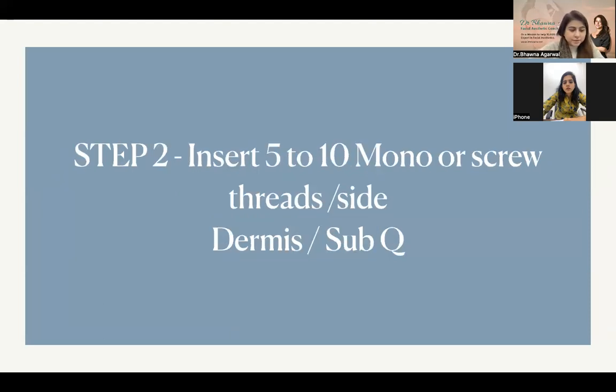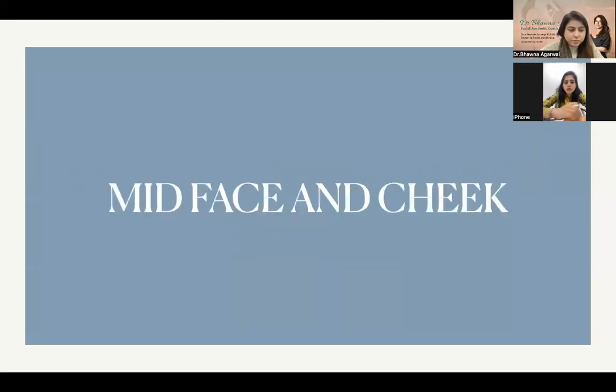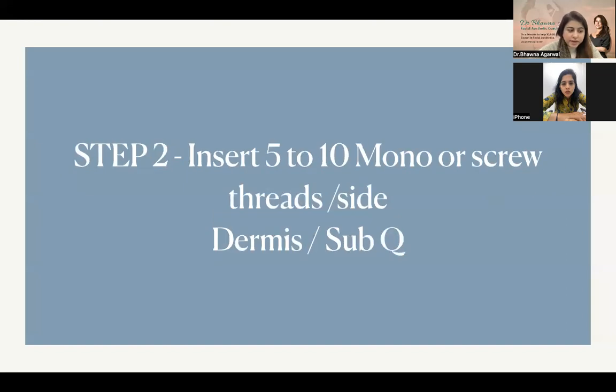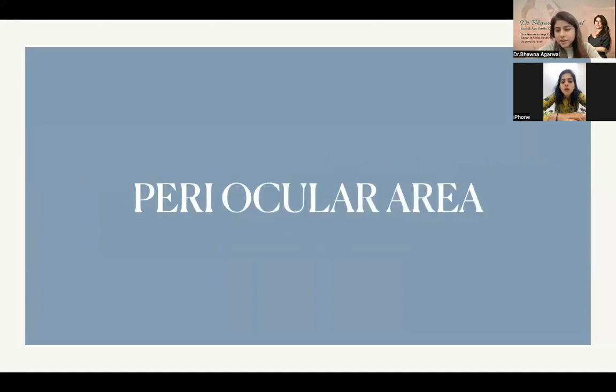This is what we are doing for mid face and cheek. When we are doing mid face and cheek combined threads, do cogs first, then insert mono screw threads, 3 to 5 each side. So first you insert the cogs, and on top of it, you can insert mono, if you have the budget, if the client is ready.